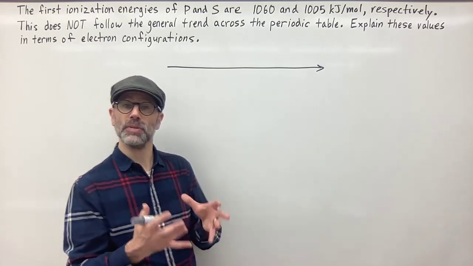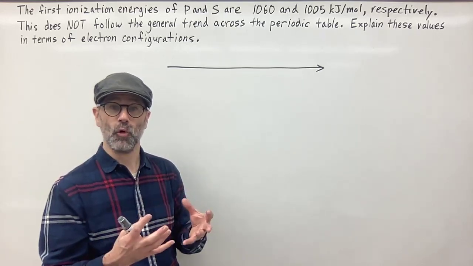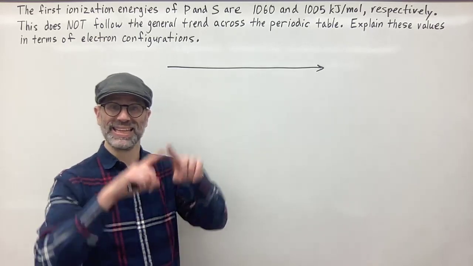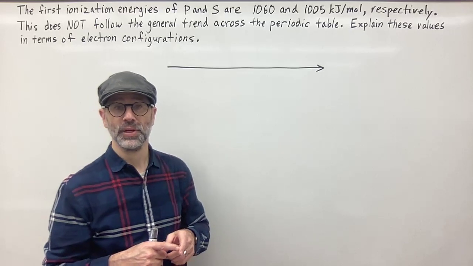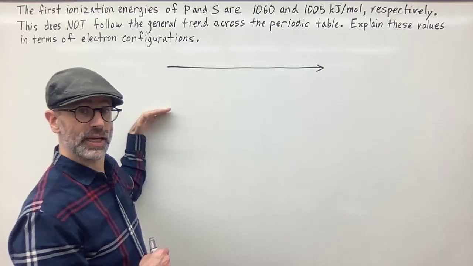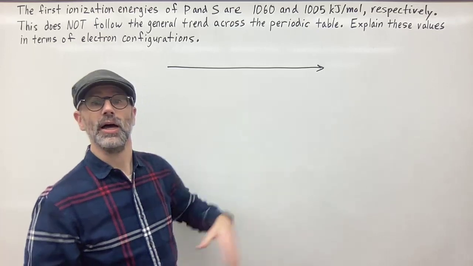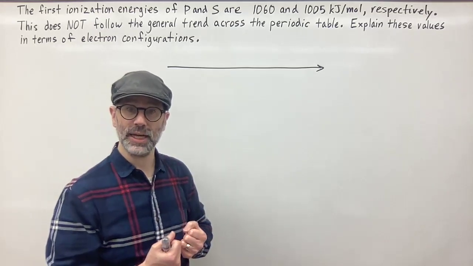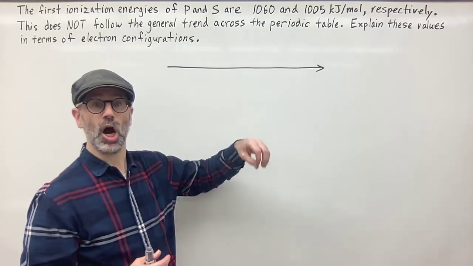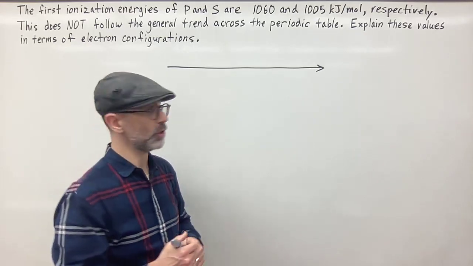More positive charge means more attractive force on the electrons, and therefore it's going to take more energy to remove the first electron in the valence shell. Okay, so as you're going across, the positive charge of the nucleus is growing larger. The attractive force on the electrons is getting larger. Therefore, it's going to be harder to remove the electron to overcome that stronger attractive force.